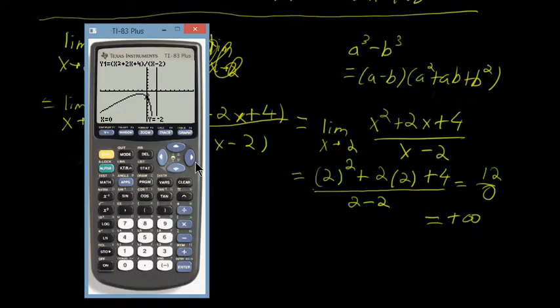So I've pulled up a graph of x squared plus 2x plus 4 over x minus 2 on the TI-83 graphing calculator. We are going to zoom in. We are going to be looking near x equals 2. So we're at 1.91, and you can see this little cursor blinking at the bottom.